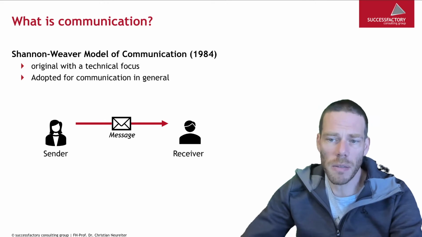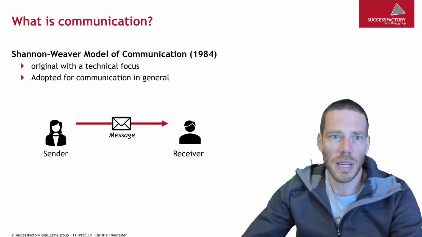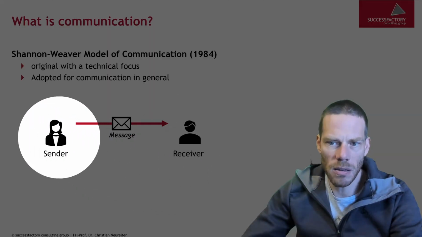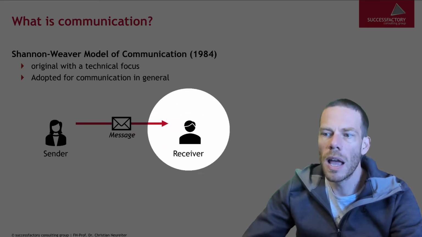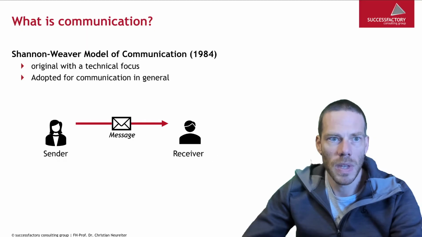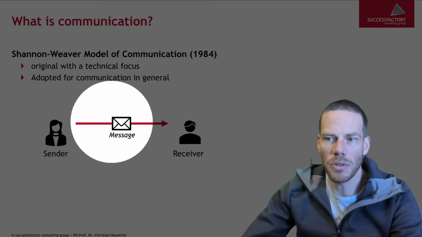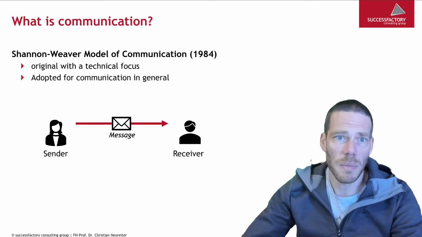So the easy thing is that every communication, everything that is communicated, of course, covers three different aspects. We have the sender on the one hand, we have the message that shall be transported, and we have a receiver. And very often we tend to only concentrate on the message, and we try to integrate it in fancy PowerPoints, and we say, yeah, that's the message.